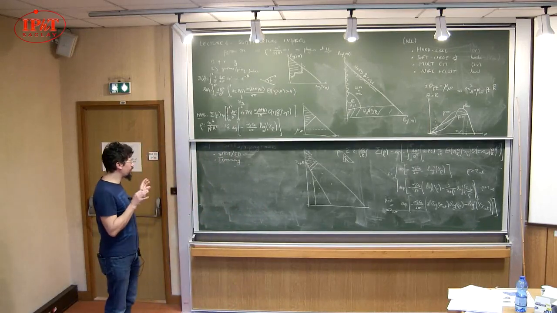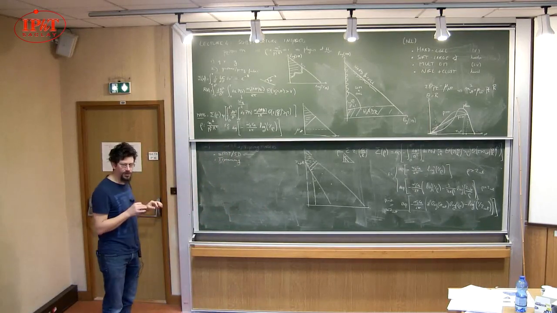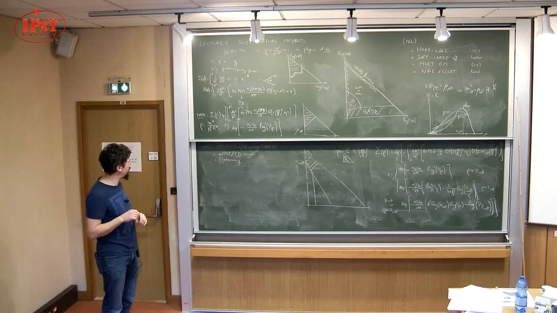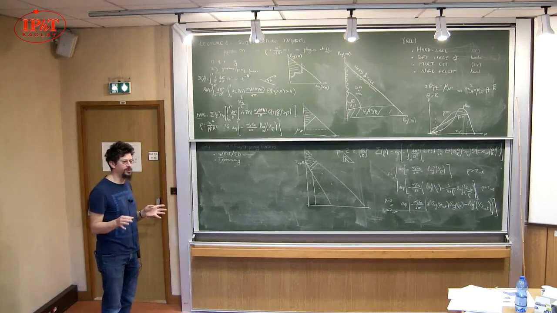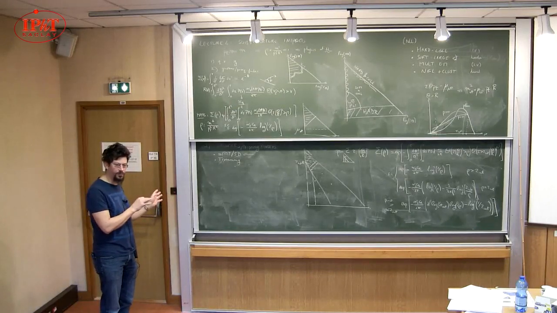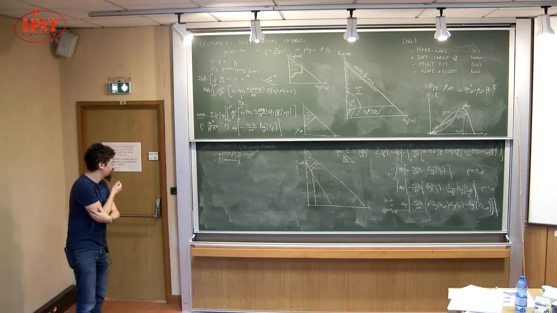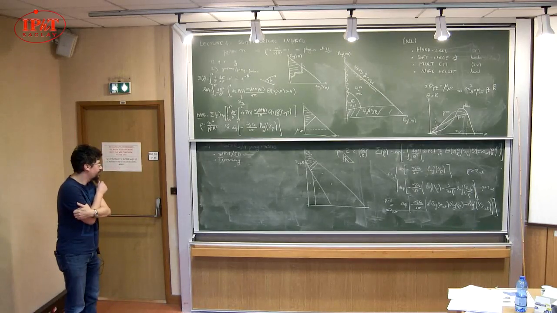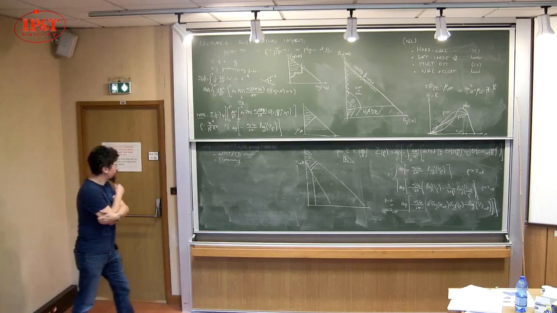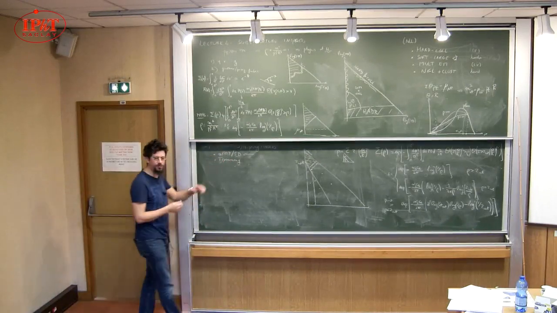To discuss the prong finder aspects, you generally need to discuss both signal and background, and that's not what I want to go into, at least not this week. I may touch on this next week. What I want to discuss more is the grooming aspects.